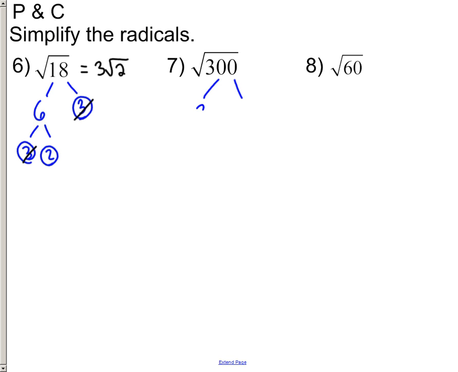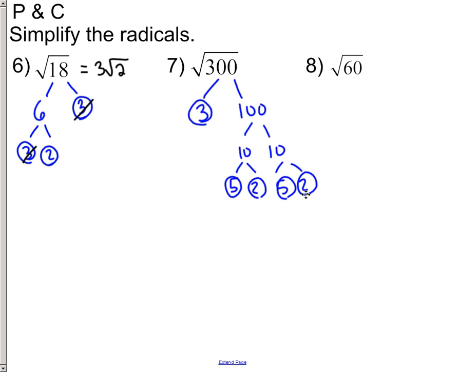This one, let's just use 3 and 100. Well, this is prime, so I can't break that down any further, but this one goes to 10 and 10. And then we could break that down into 5 and 2. And now we've got our prime numbers here, 5, 2, 5, and 2. Be very careful when you get an early prime number up here at the top like this.